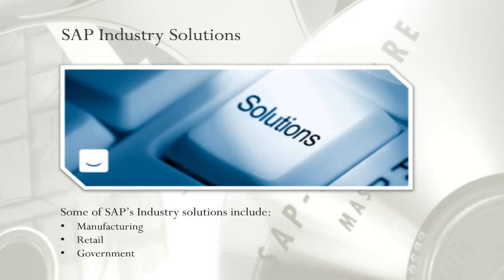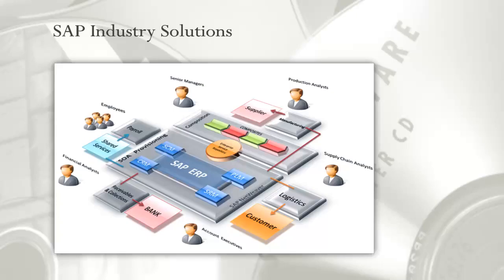For example, automotive manufacturers or financial service providers. Industry solutions combine standard processes with specialized requirements and functionality. These solutions span a wide variety of industries that include manufacturing, processing, financial and service industry companies.